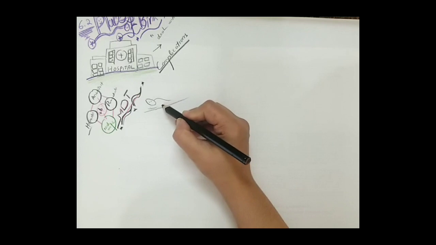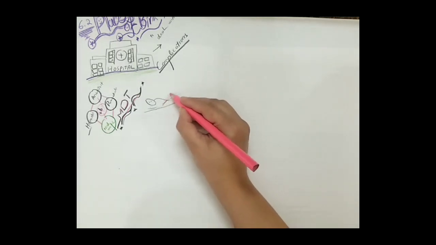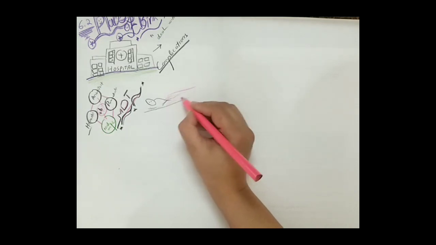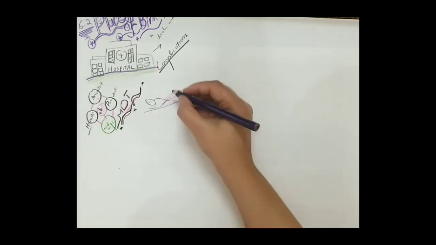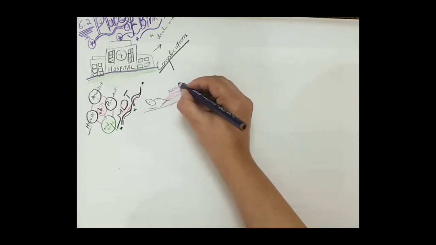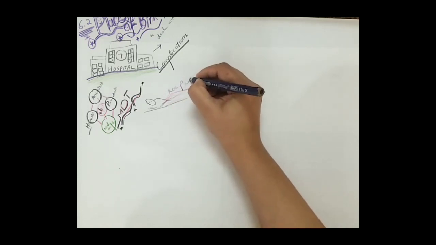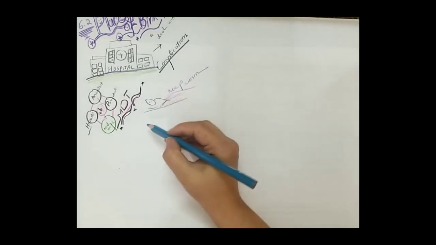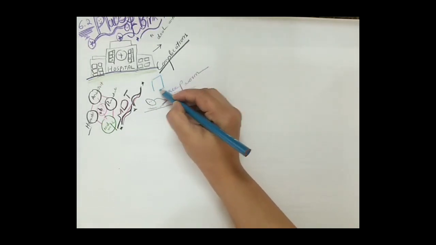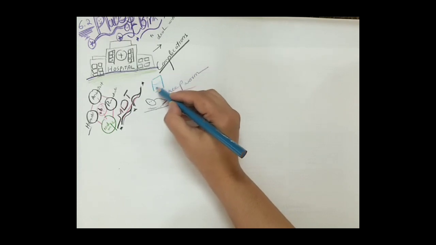Another thing is that women should be kept warm. I'm making the shape of a blanket in order to explain it to you. Women should be kept warm and given adequate fluid during labor. A blanket should be put on the woman and proper fluids should be given.